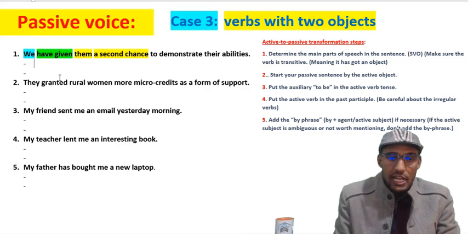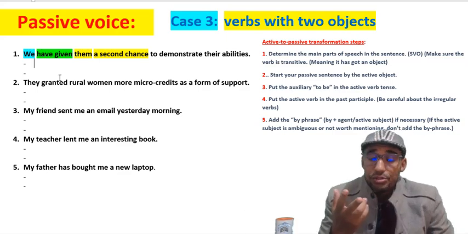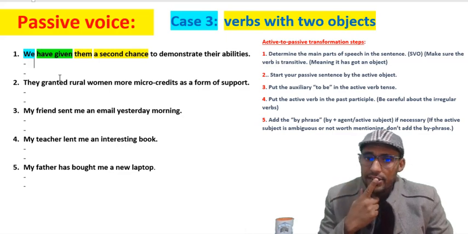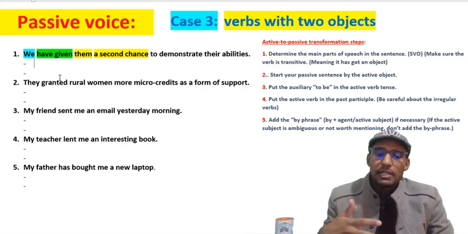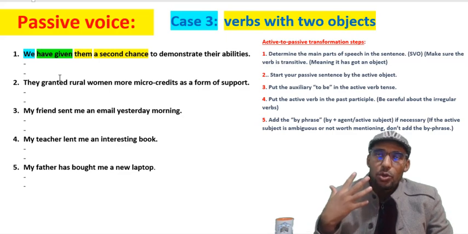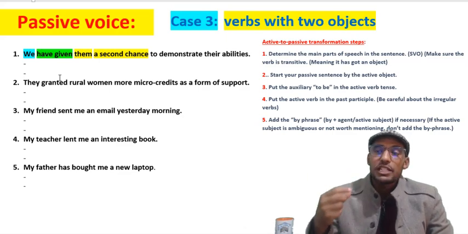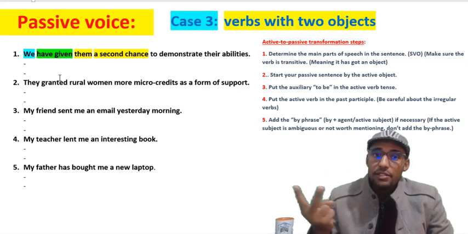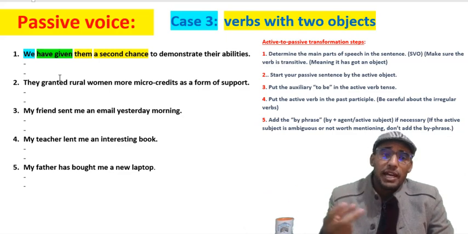Now, the next step, guys: after determining the parts of speech, we have two choices as a second step. We are required normally in the second step to start with the active objects. Here we have two active objects, which means that we have two choices.